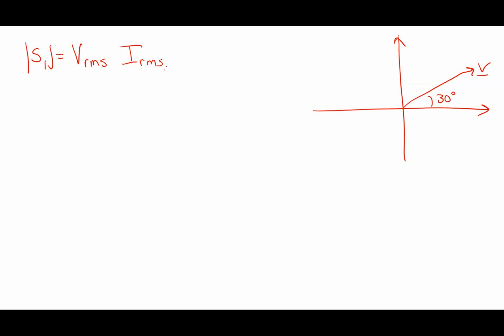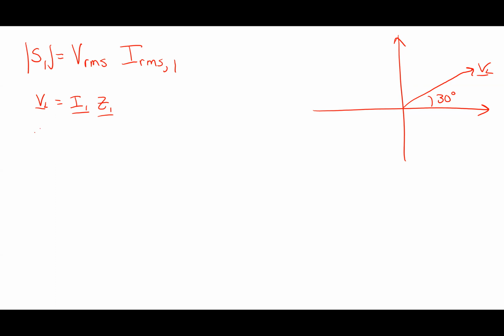So that'll give me, I guess I should call that IRMS1. And I know from Ohm's law, I called this VL, VL is equal to I1 times Z1, right?